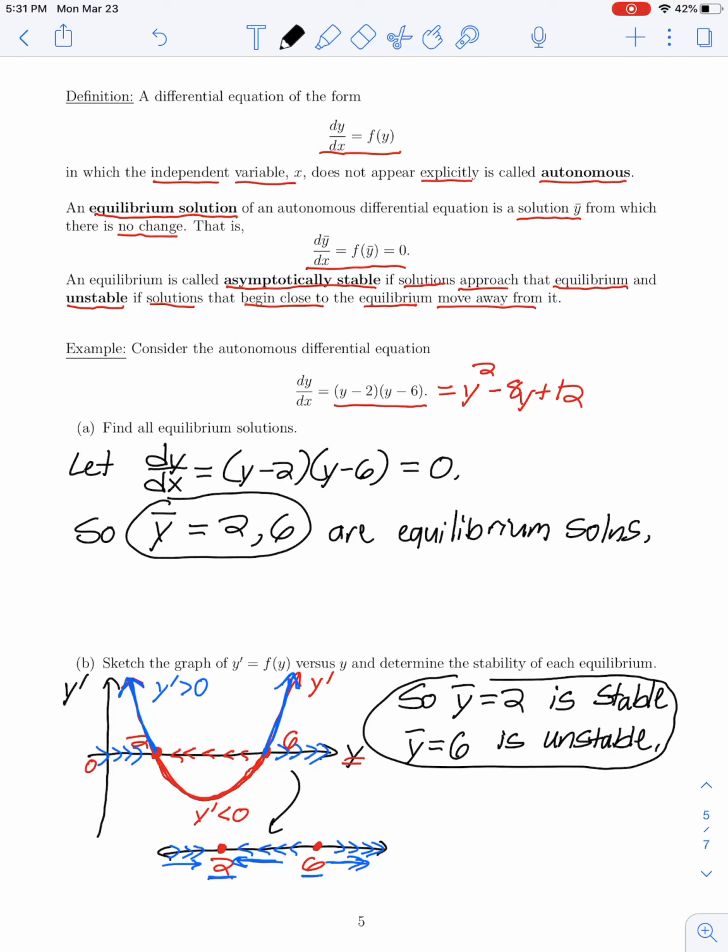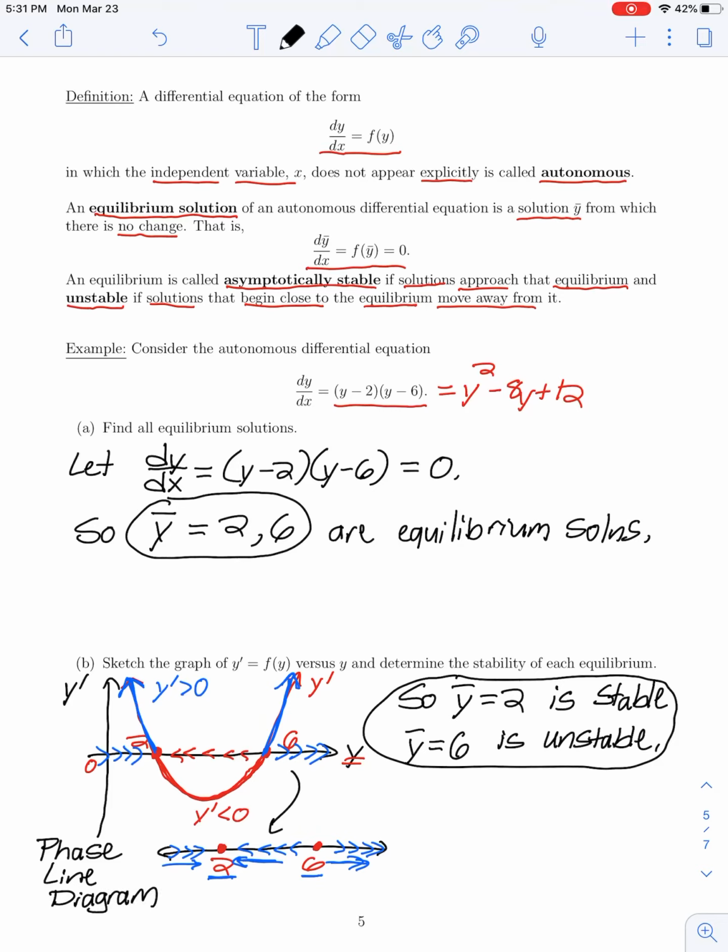So this sort of diagram of the graph of y prime as a function of y can tell us about stability of these different equilibrium solutions. This sort of diagram is what is called a phase line diagram.